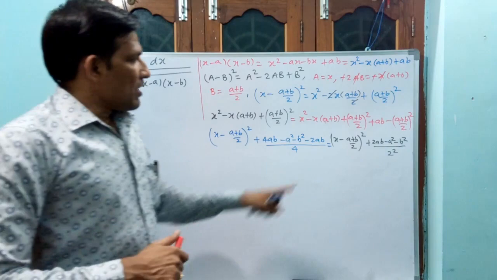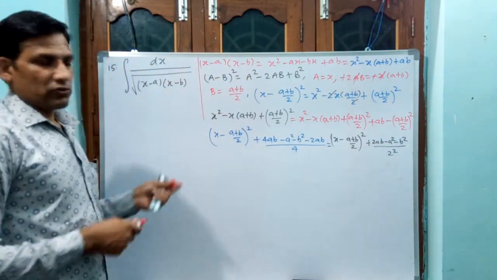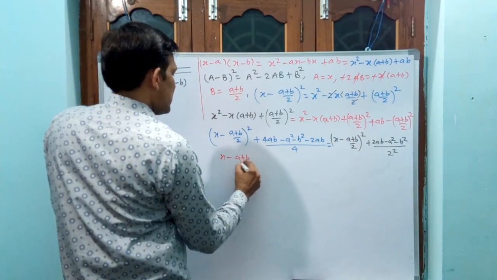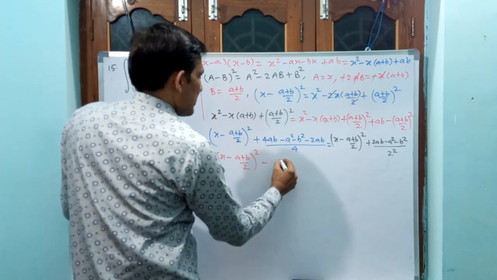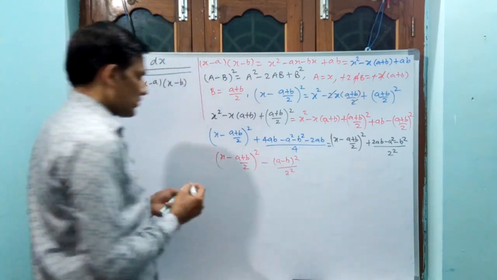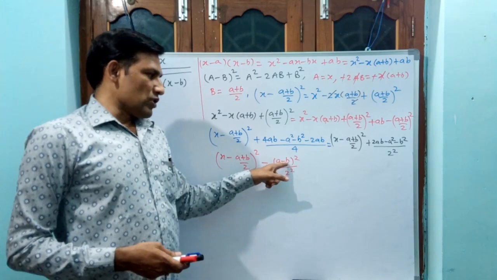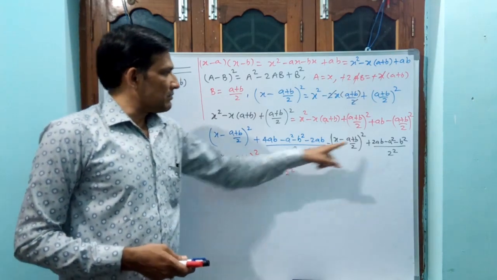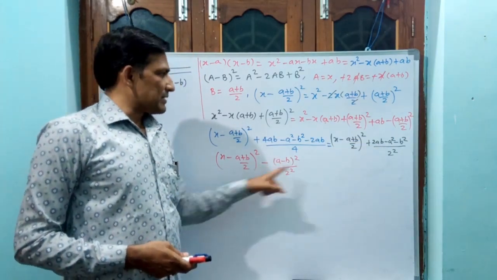What I am doing, I am taking minus as common, then I am going to write (A minus B) whole square. You see what I am writing: x minus (a plus b) by 2 whole square, minus, I am taking common (A minus B) whole square by 2 square. Is it okay? You see A square plus B square minus 2AB. A square, B square both plus will come, but because of minus, minus 2AB will come, minus of minus plus will come.